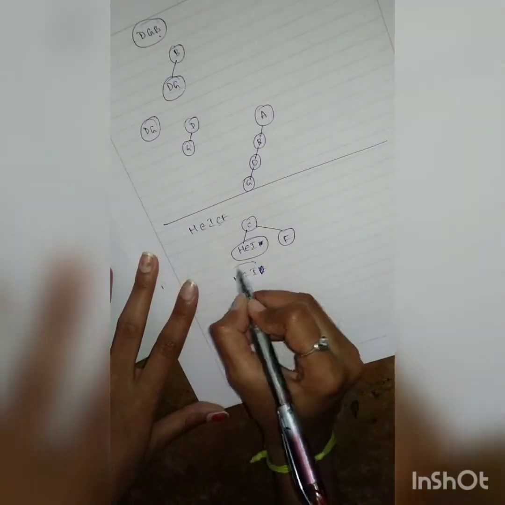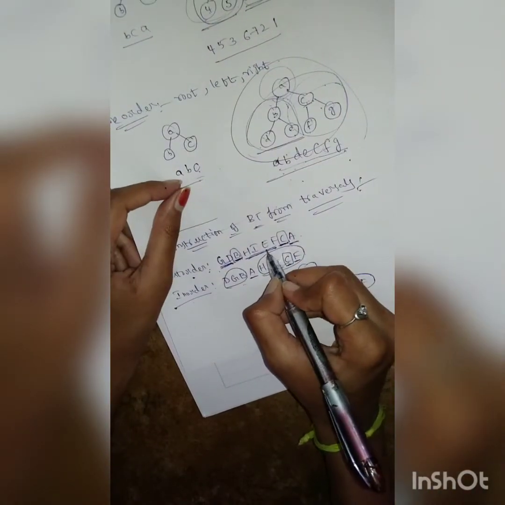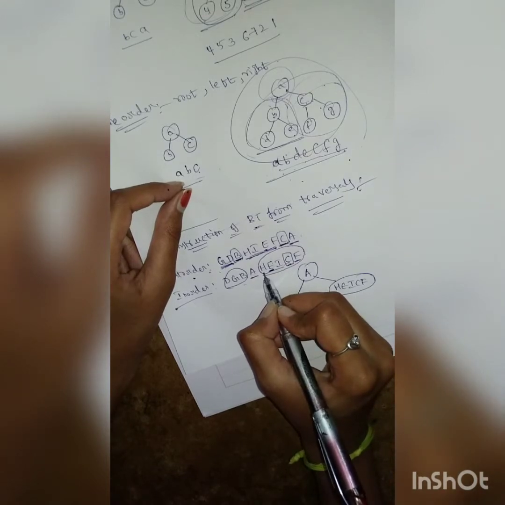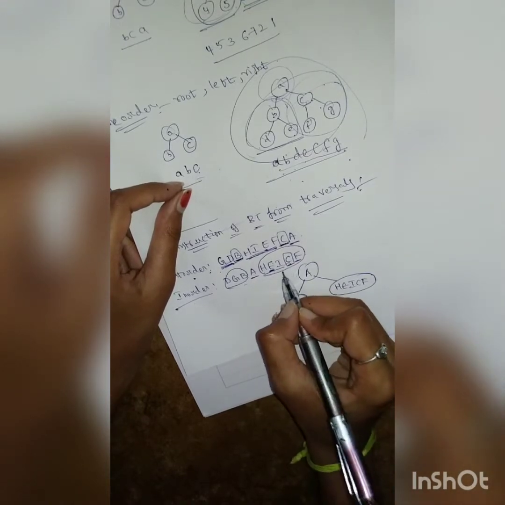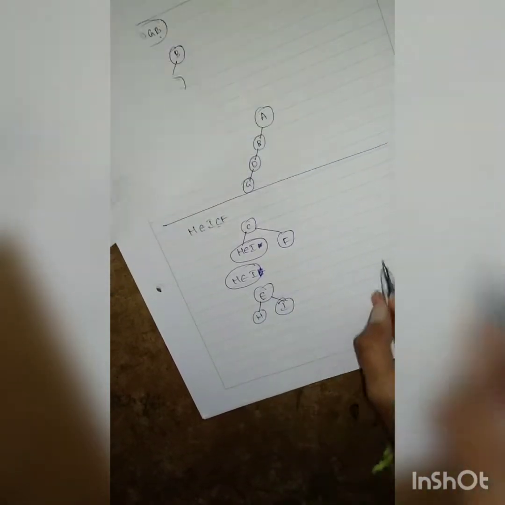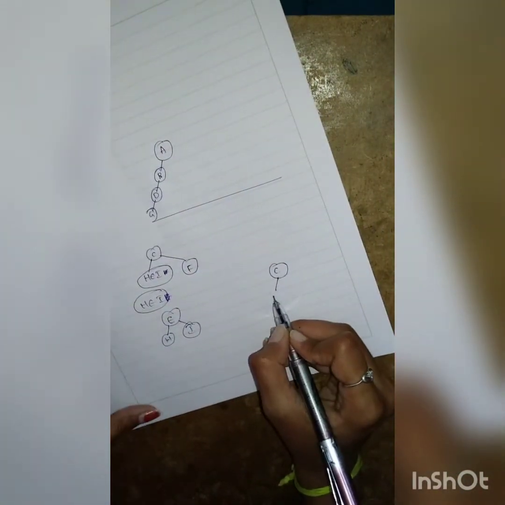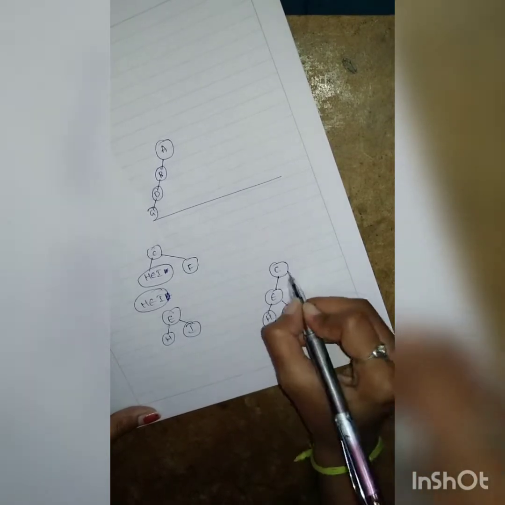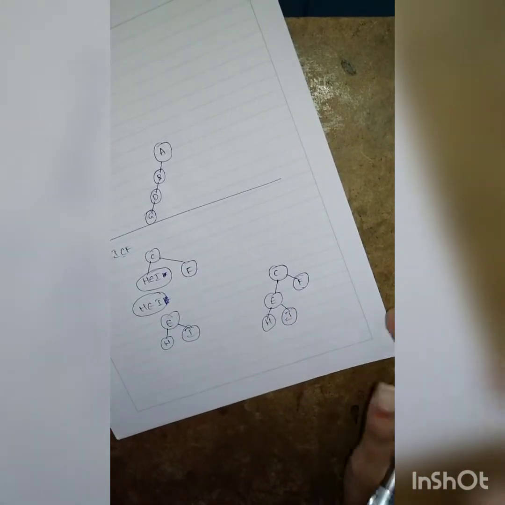So now we will take H, E, I. In this H, E, I, E is the root, and H is left of E and I is right of E. So we represent this like this, H, I. So the final tree for C is C, E, H, I, and this is F.